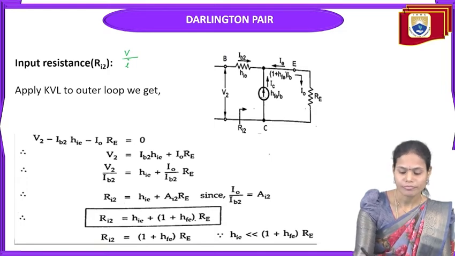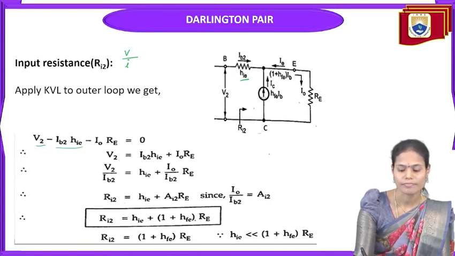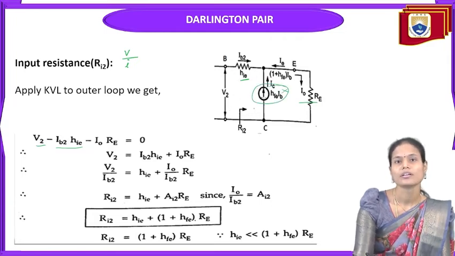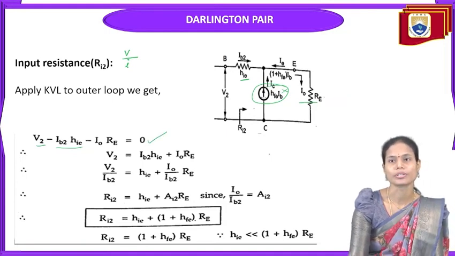That is V2, the voltage in the circuit, minus IB2 into HIE, the drop across the HIE resistor, minus the drop across RE resistance, that is minus I0 into RE. Here we are applying KVL, so we should not consider the current gain term here. Only the voltage drops in the circuit need to be considered. So V2 minus the drop across HIE and the drop across RE is equal to 0.